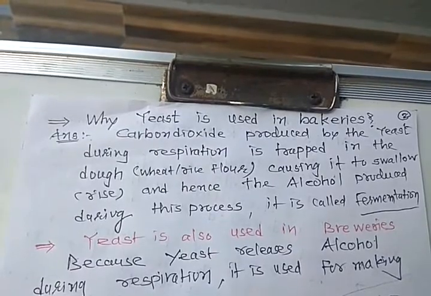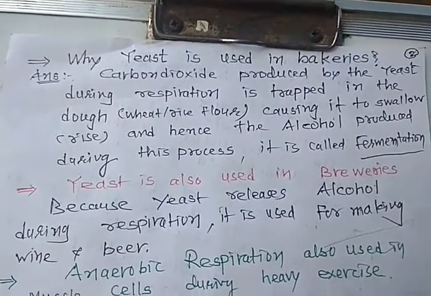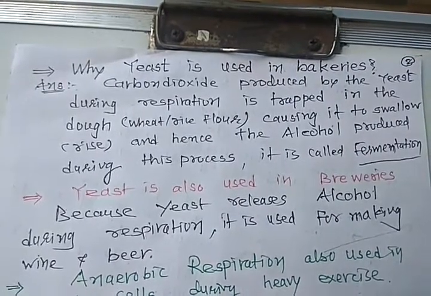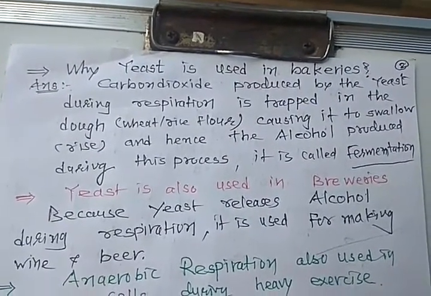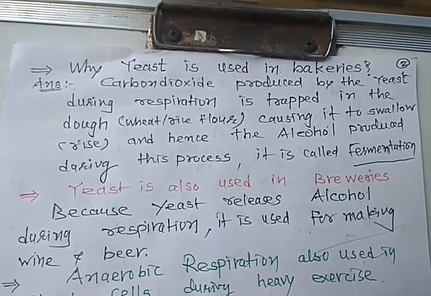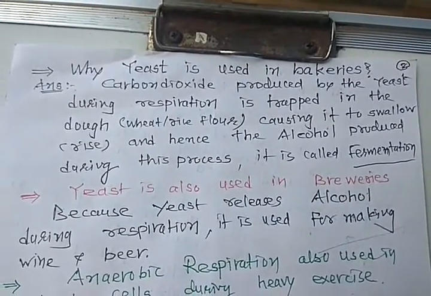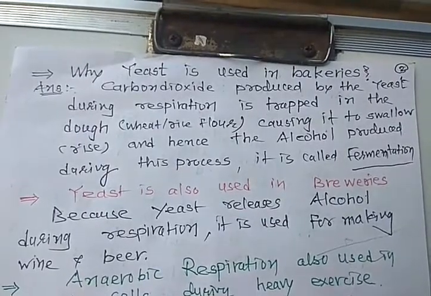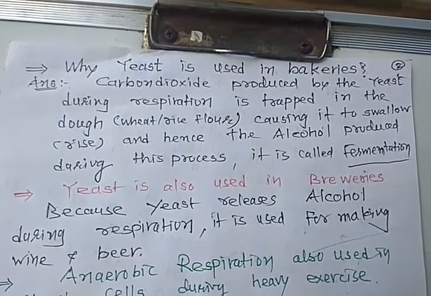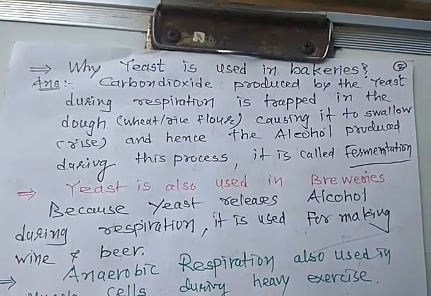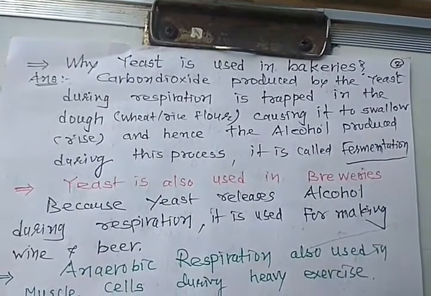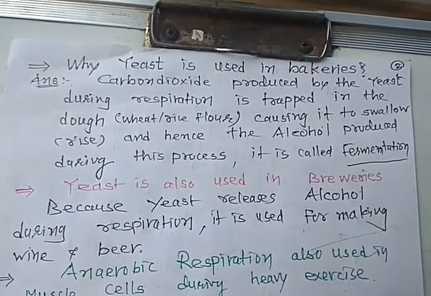Yeast is used in bakeries because during this anaerobic respiration, carbon dioxide produced during respiration is trapped in dough. Dough means wheat or rice flour, causing it to swell or rise, and the alcohol is produced during this process, and it is the fermentation process, right?